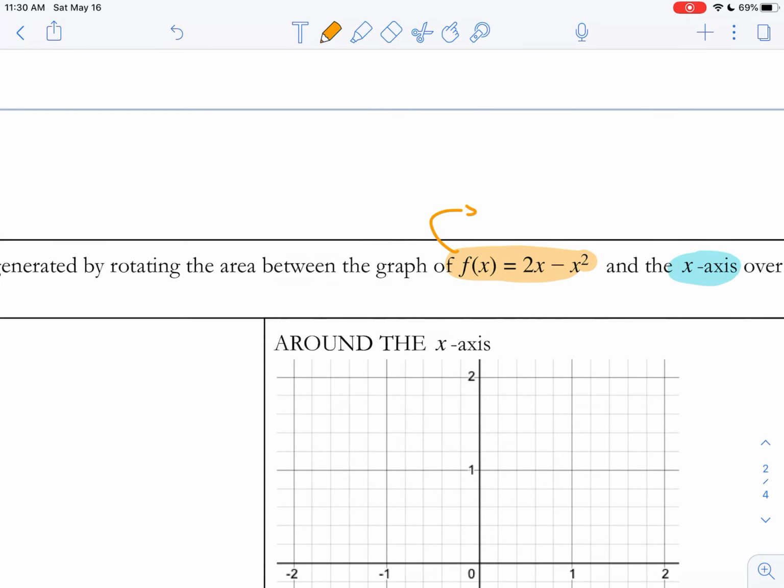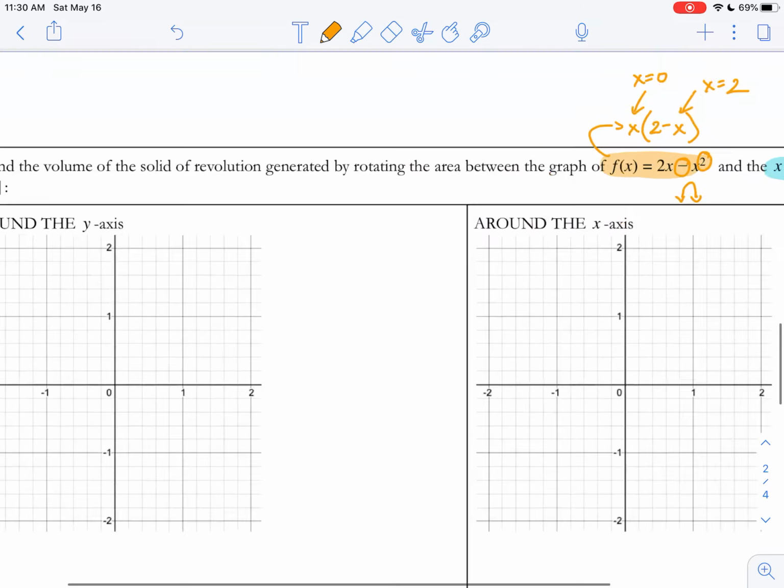If I'm sketching this by hand, I want to notice that I can factor out an x and be left with 2 minus x. And what that means is that at x equals 0 and at x equals 2, I actually have x-intercepts. Additionally, I know that this minus sign means that I have a downward facing parabola. Okay? So let's go ahead and sketch that.